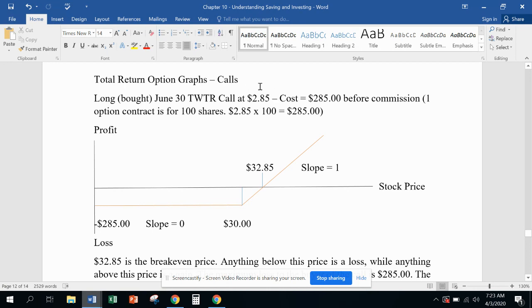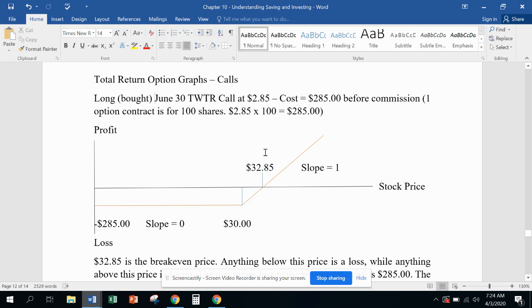So $2.85 is what's referred to as the options premium, or the price of the premium for the contract. Now, one contract is the right to buy 100 shares. So we multiply the premium times the number of shares, and this is going to be our cost. Okay, so it's going to cost us $285 for the right to buy Twitter at $30 per share between now and June.